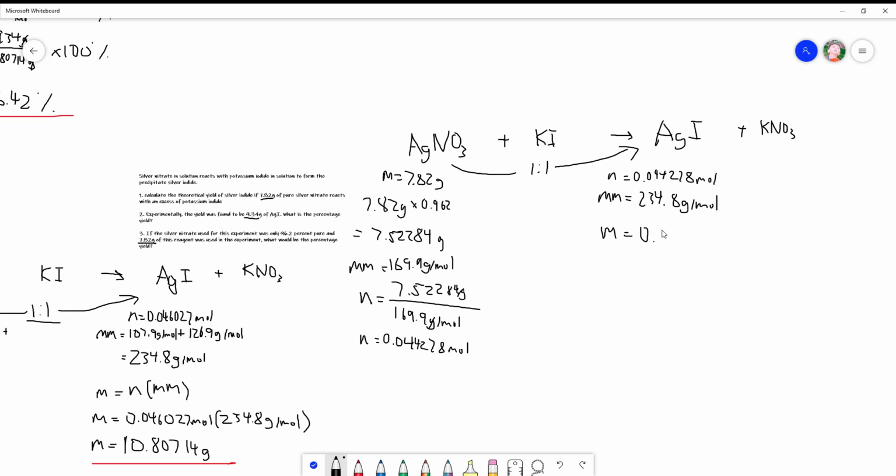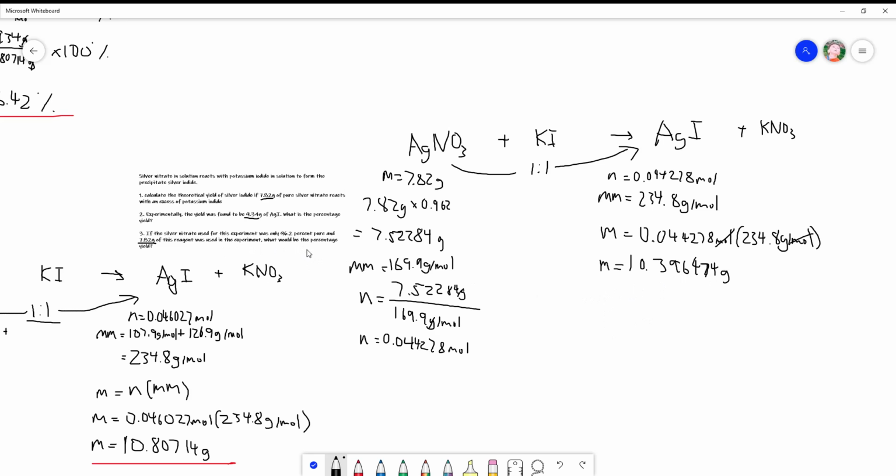We just take the number of moles, 0.044278 moles, and multiply that by the molar mass, 234.8 grams per mole. Cancel out the moles, and then we get a total mass of roughly 10.396474 grams.